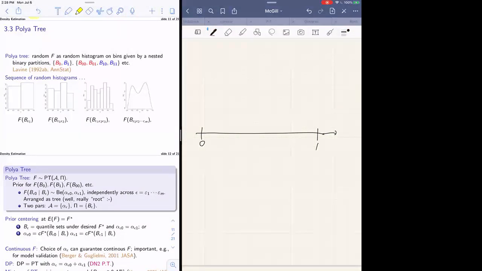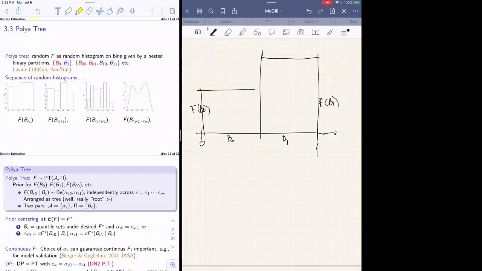The easiest histogram I can think of is to split it into 2, giving a 2-bar histogram. Let's call the left side B0 and the right B1. Then this would be F of B0, and this would be F of B1.